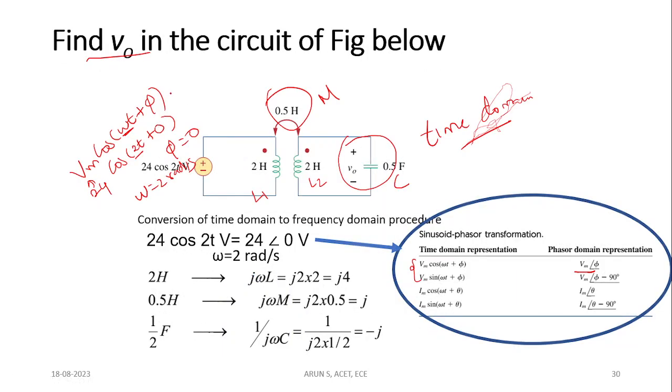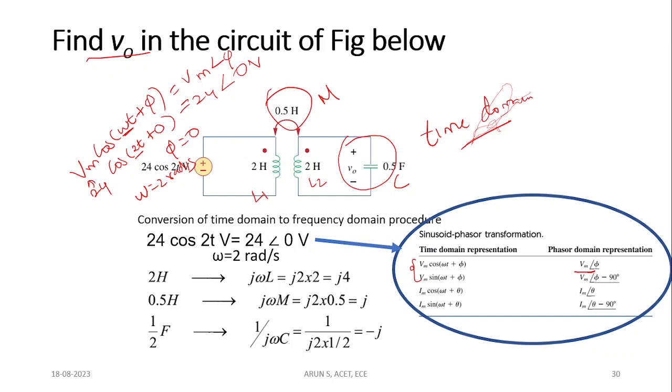This is the value we got for the voltage. So I know that omega is 2 radian per second, and I know the voltage available.